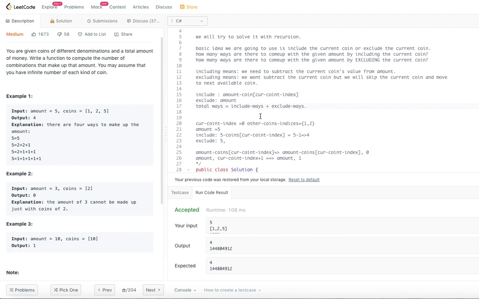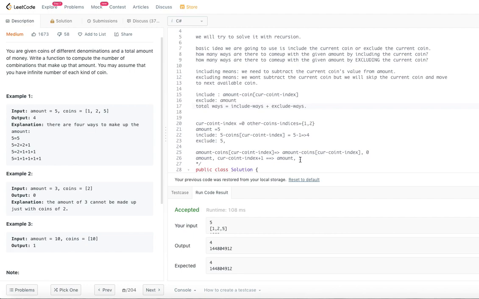In this recursive implementation, for example, we will be seeing a lot of repetitive computations, right? When you are calculating for the number 5 and you use 1, the amount reduced will be 4.